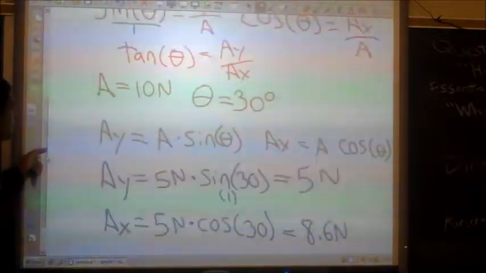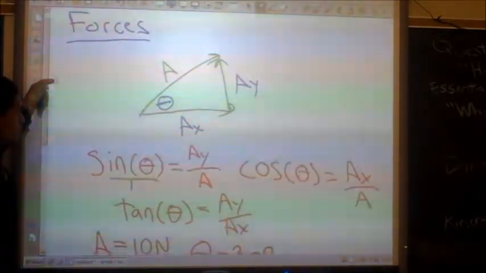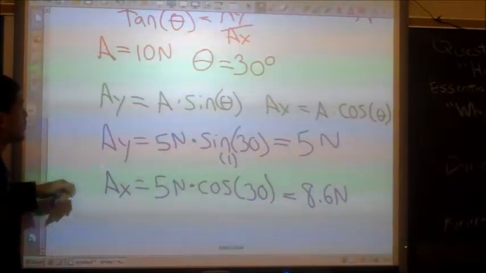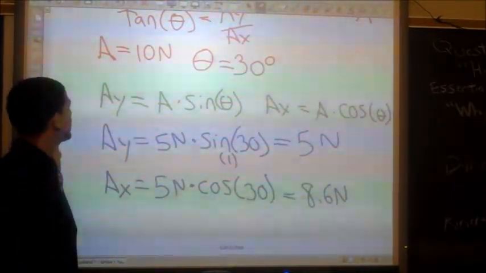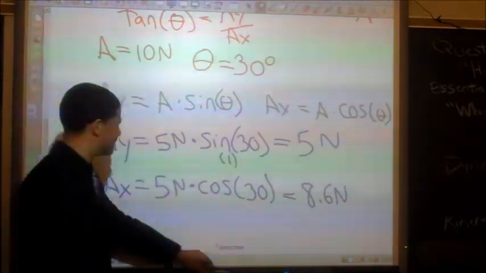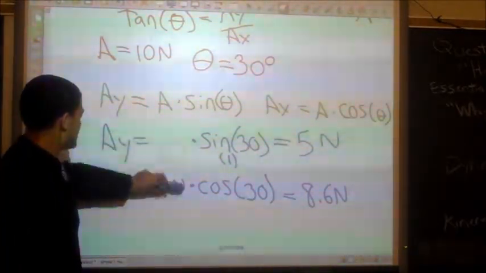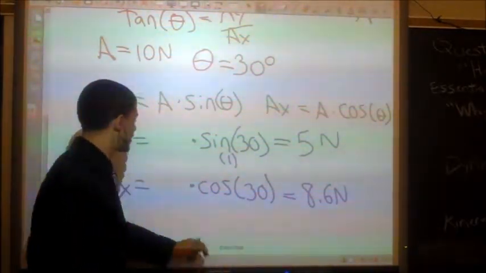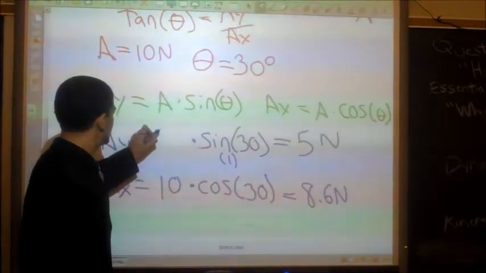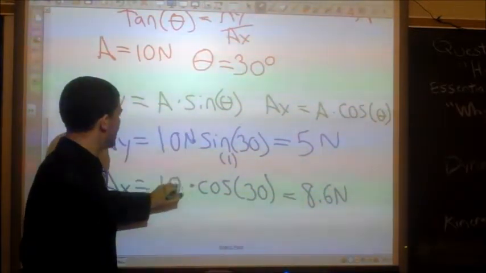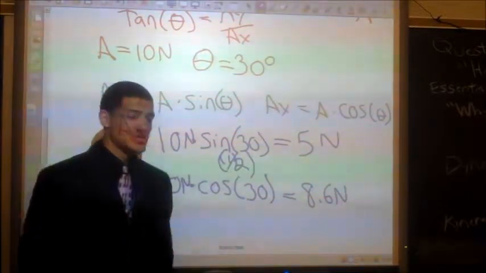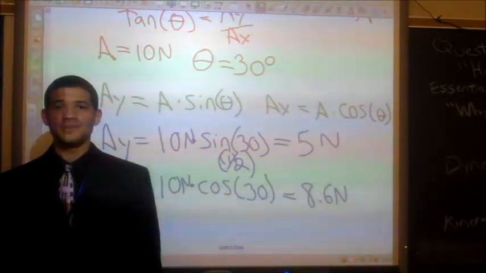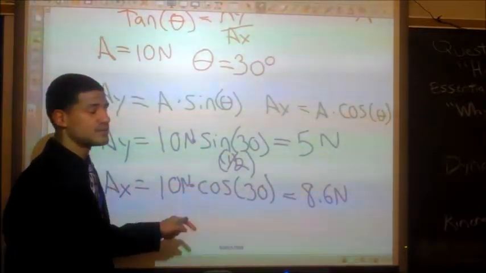Wait, I did my math wrong. A is 10 newtons. Sorry, this is 10 newtons, and sine of 30 is 1/2. So if you're watching, please make sure you change those notes. My apologies.